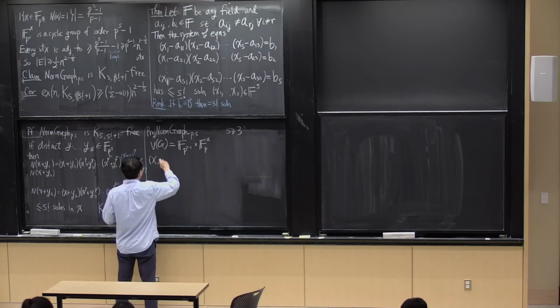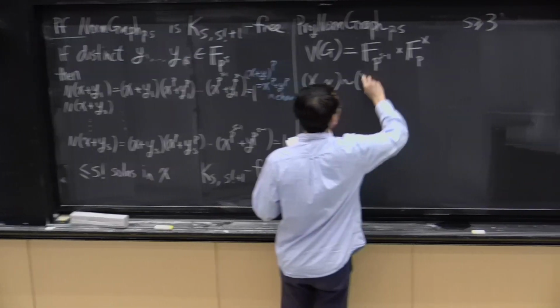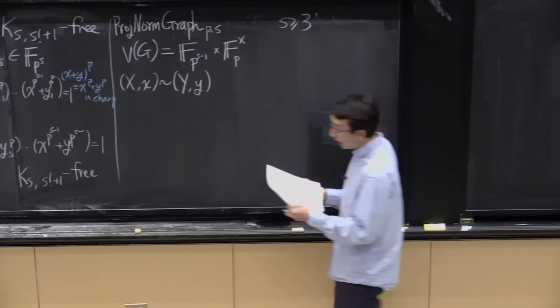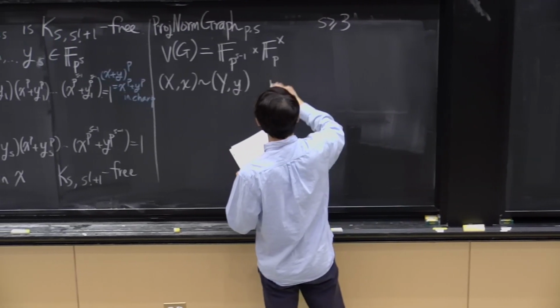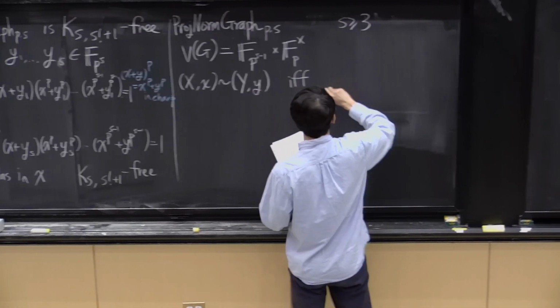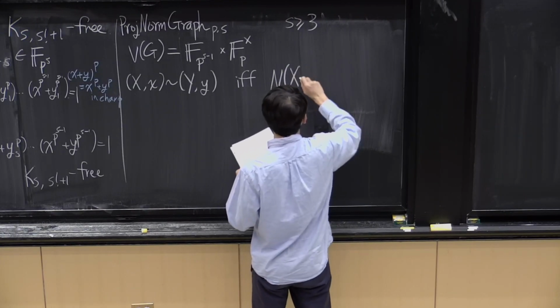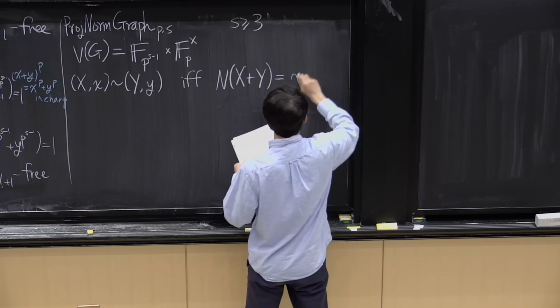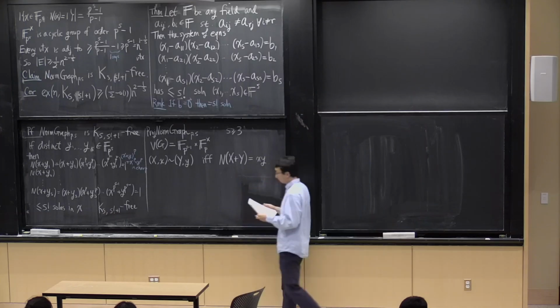The edges are formed by putting an edge between these two elements if and only if the norm of the sum of the first coordinates equals the product of the second coordinates.